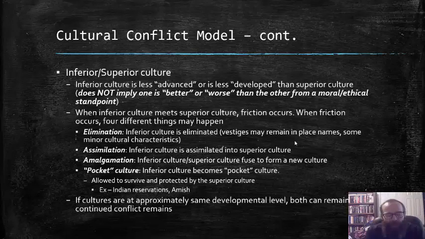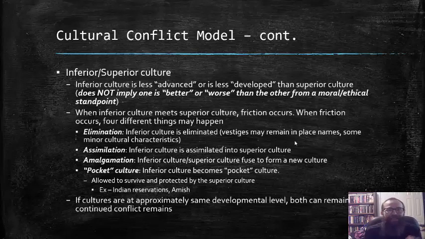Now, this does not in any way imply that one is better or worse than the other from a moral or ethical standpoint. It's simply referring to the relative level of advancement or development between the two. When an inferior culture meets a superior culture, friction often occurs. When friction occurs, four different things may happen.